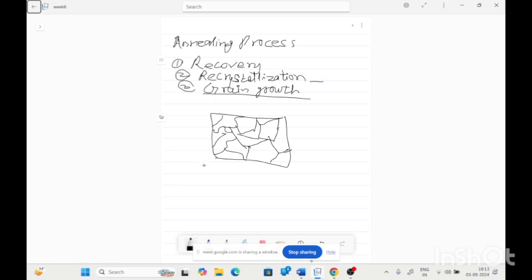So according to the rule, if the edges of the grain are less than 6, then those grains will shrink, and the grains which have edges greater than 6 will grow.